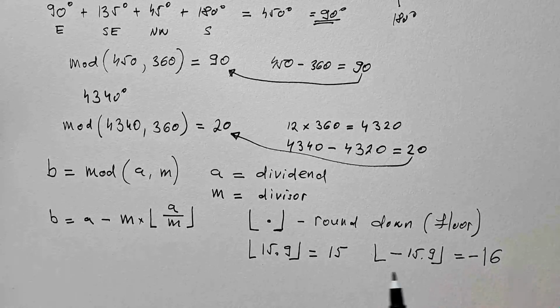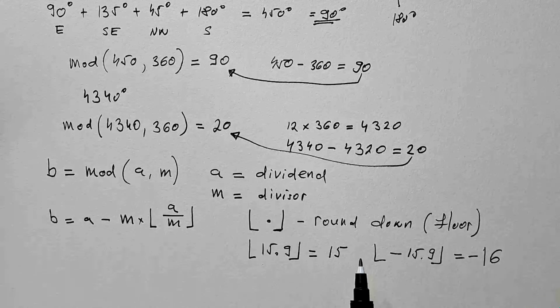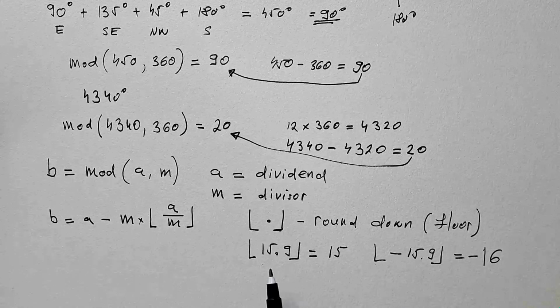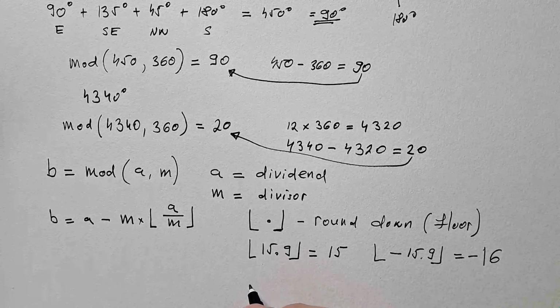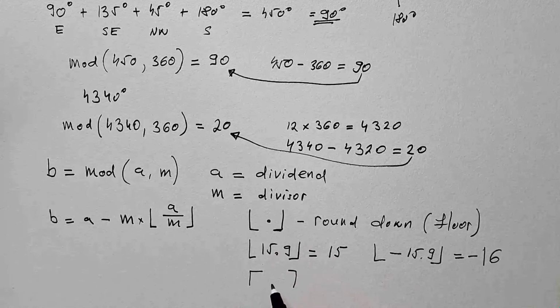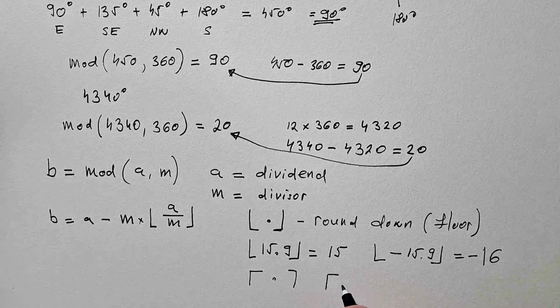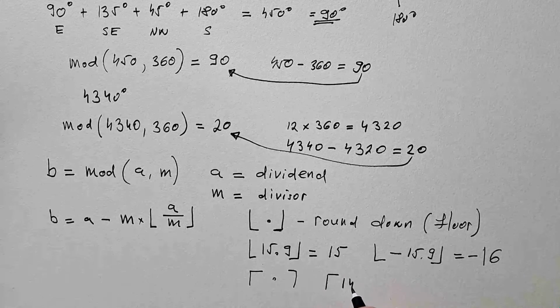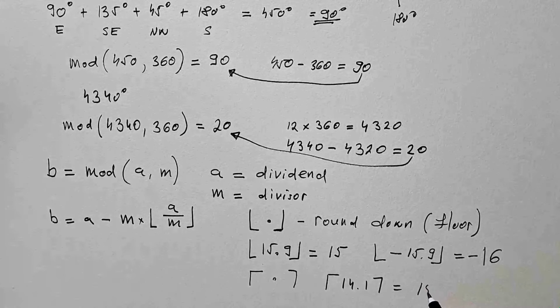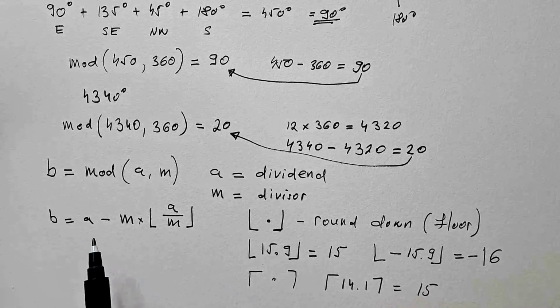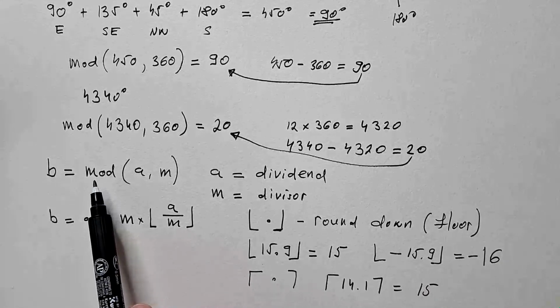So we are rounding towards negative infinity with this operation. As a side information, of course, there is also round up operation denoted like this. And for example, round up of, let's say, 14.1 would be 15, not 14. But in this case, when we are talking about modulus, we are using round down.